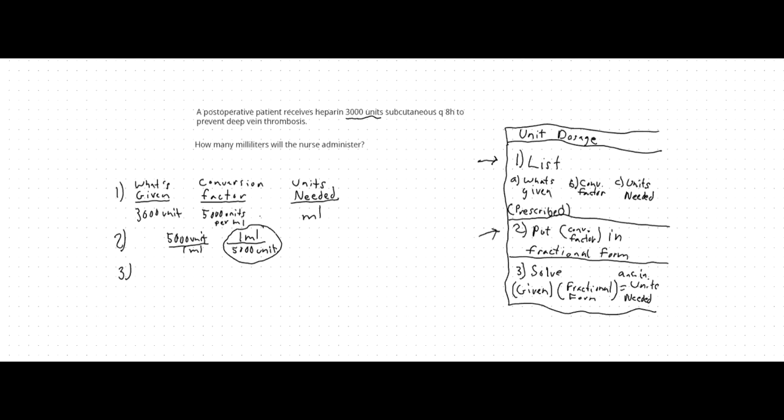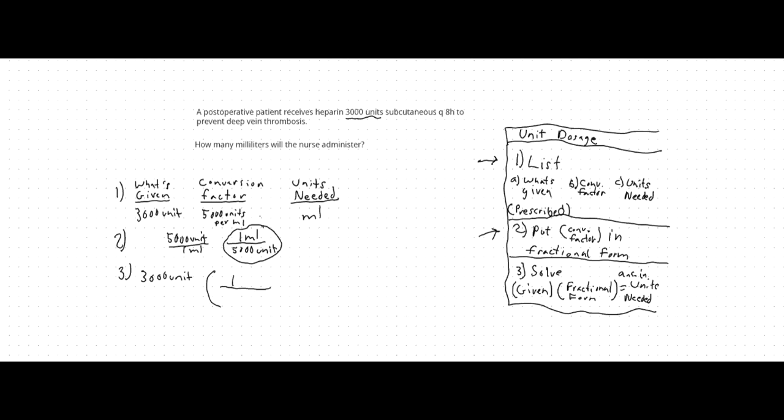Now we have everything we need to solve. We multiply what's given by the fractional form, and that gives us the answer. What's given is 3,000 units. We multiply that by the fractional form from step two, which is 1 milliliter over 5,000 units.